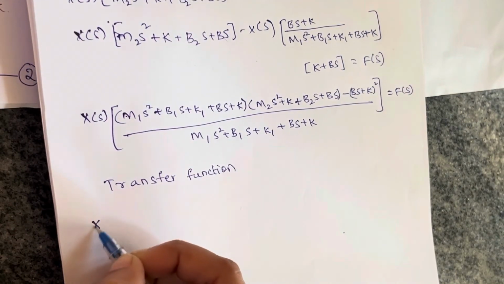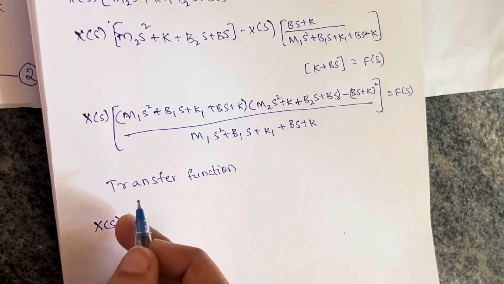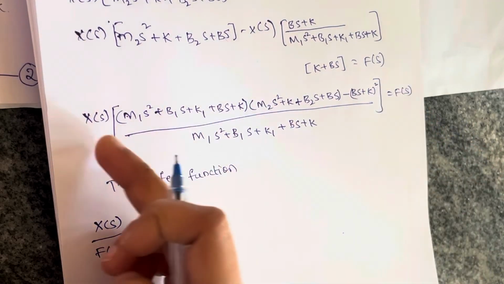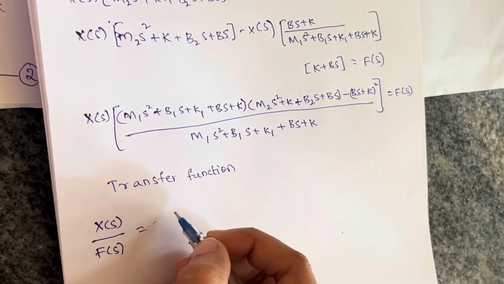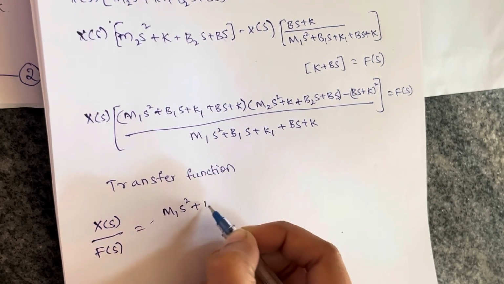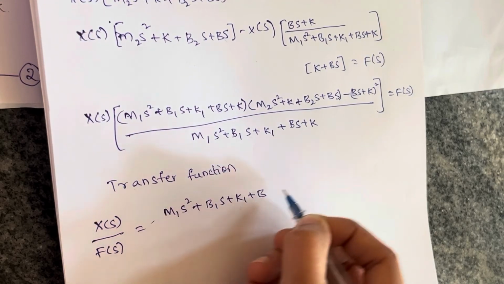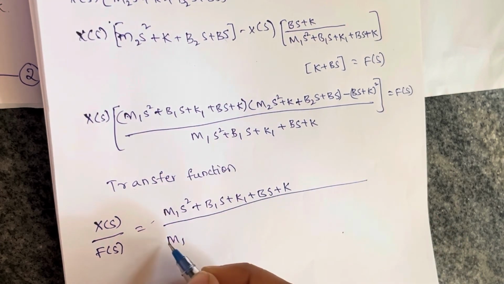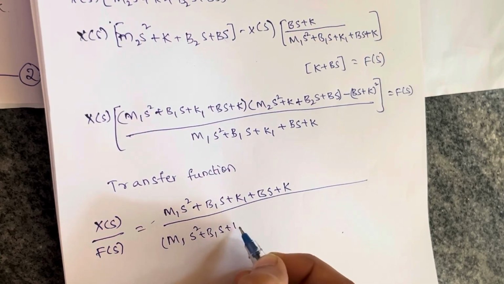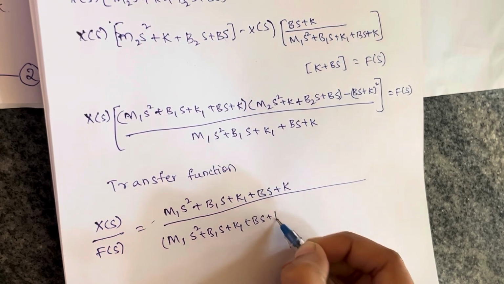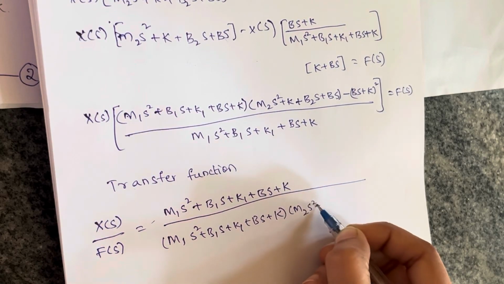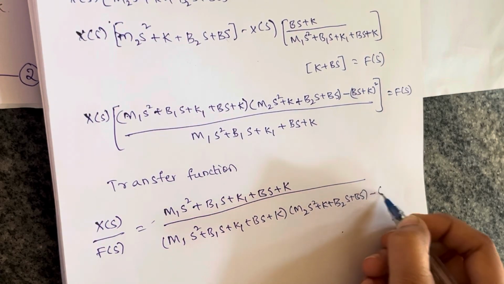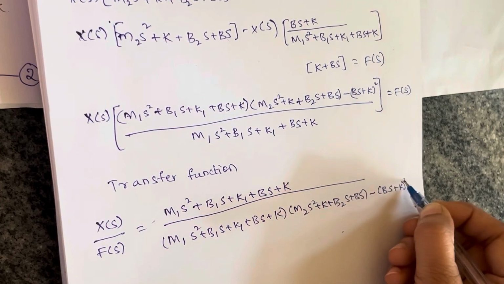Transfer function is x of s, this is from the output side, by f of s equals, just take this to the right side, then we get m1 s square plus b1s plus k1 plus bs plus k by m1 s square plus b1s plus k1 plus bs plus k times m2 s square plus k plus b2s plus bs, minus bs plus k whole square.